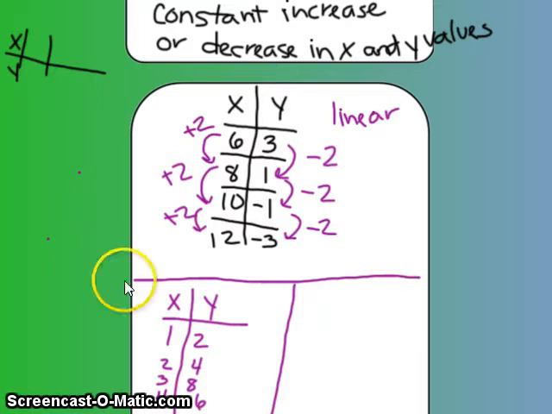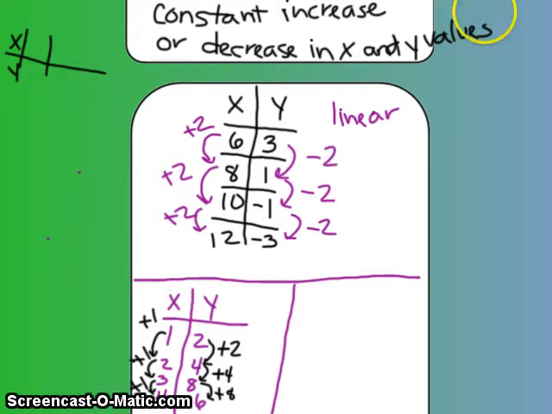when we look at our x's, we're adding 1 every time. So to go from 1 to 2, we add 1 each time. Since this is constant on the x's, we want to make sure we're constantly doing something on the y's. To go from 2 to 4, we add 2, but to go from 4 to 8, we add 4, and to go from 8 to 16, we add 8.